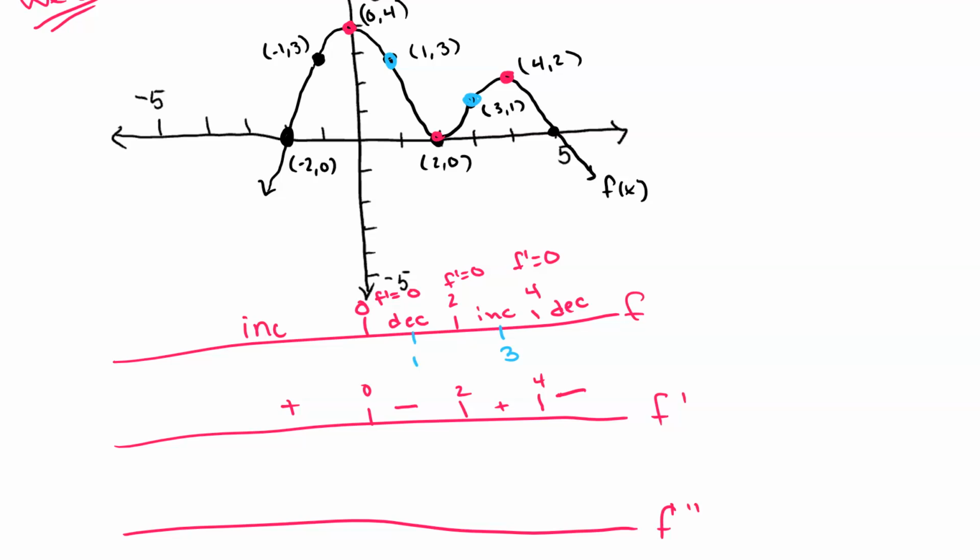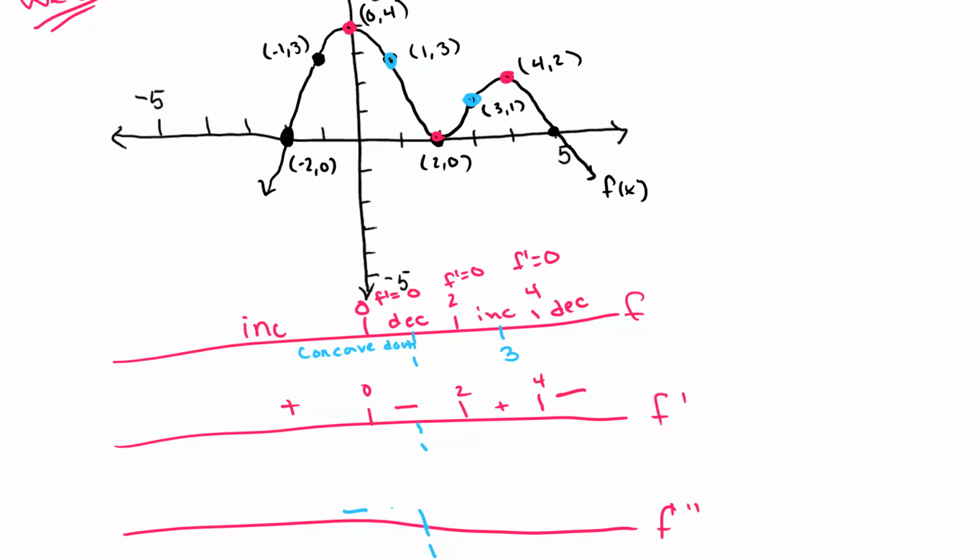Now let's look at concave up and down. We are concave down to the left of 1. And remember, concave down means that, looking at the left of 1, that would be negative for my second derivative. And then it tells me about the slope of my first derivative graph.